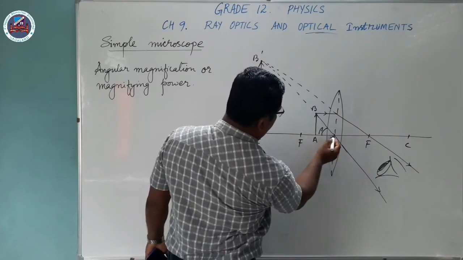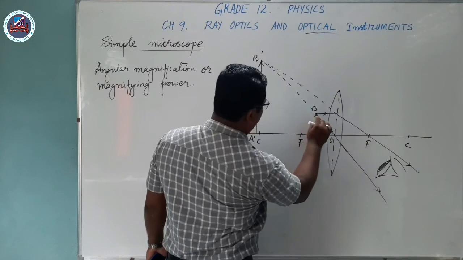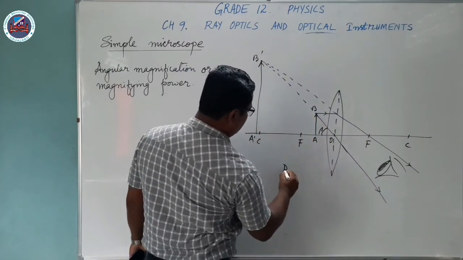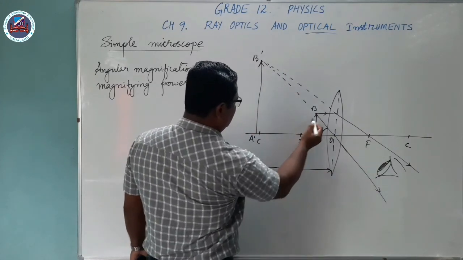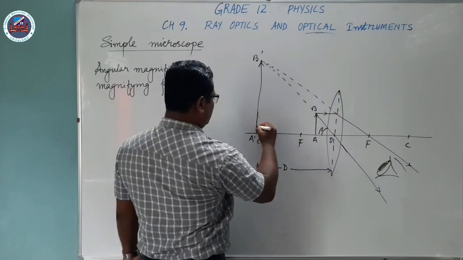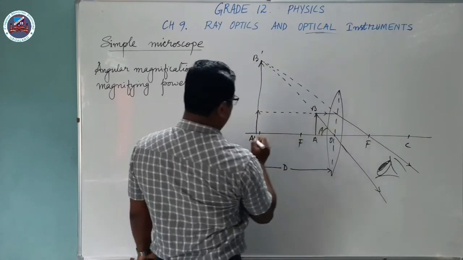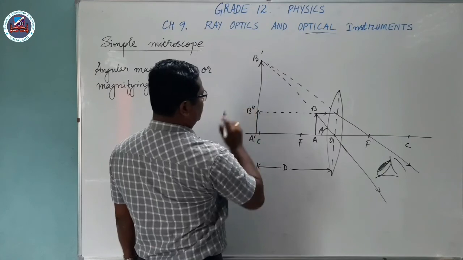and the angle subtended at the eye while looking at the object when the object is kept at the least distance of distinct vision. If I place the object here at the least distance of distinct vision, it will appear like this. A dash is already there; I'll mark here B dash dash.